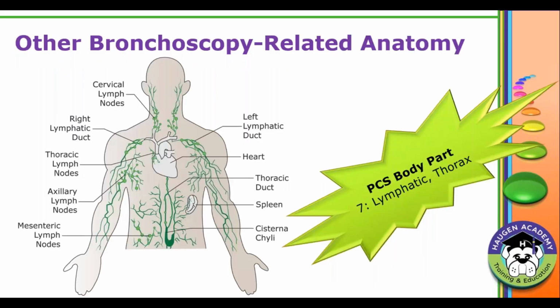Additional body parts that we need to be aware of. This one is actually outside of the respiratory system and in the lymphatic tissue body system, where we often see procedures that are performed on the lymphatics. And there are various different types of lymph nodes that are located close to the lungs, and by placing a scope into the respiratory system and puncturing outside of the lung and into the adjacent lymph nodes, we're able to sample that tissue.